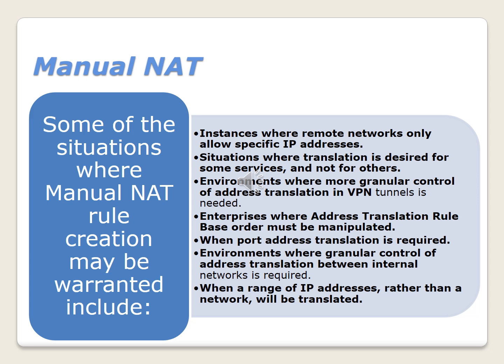Some of the situations where manual NAT rule creation may be warranted include instances where remote networks only allow specific IP addresses, situations where translation is desired for some services and not for others, environments where more granular control of address translation in VPN tunnels is needed, enterprises where address translation rule-based order must be manipulated, when port address translation is required, environments where granular control of address translation between internal networks is required, when a range of IP addresses rather than a network will be translated.